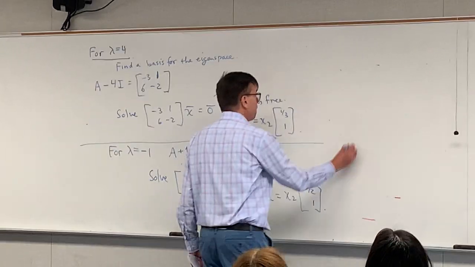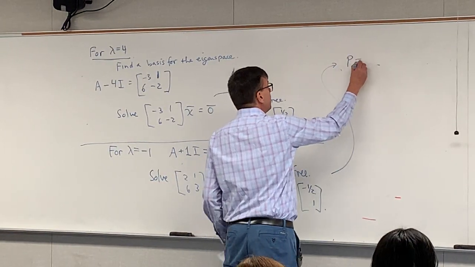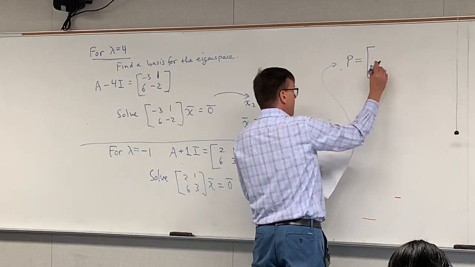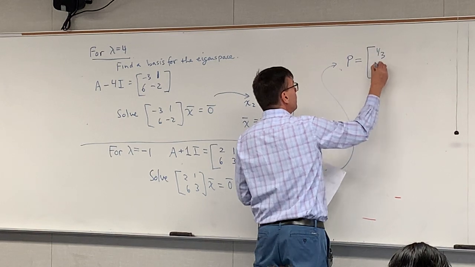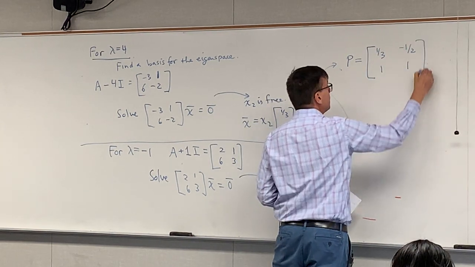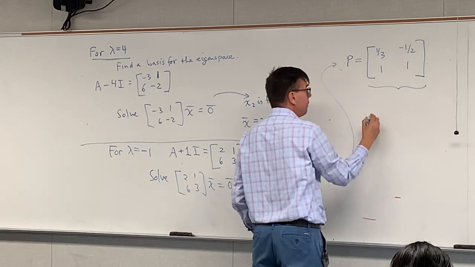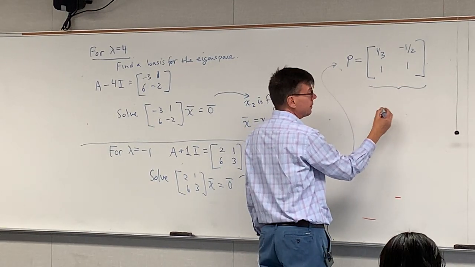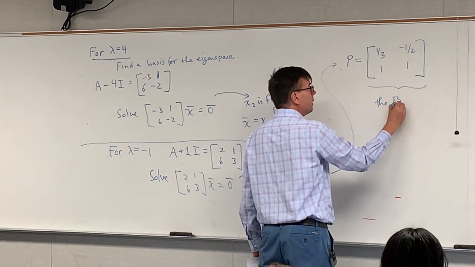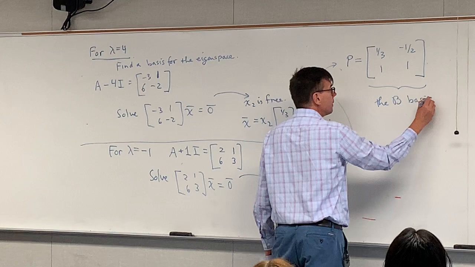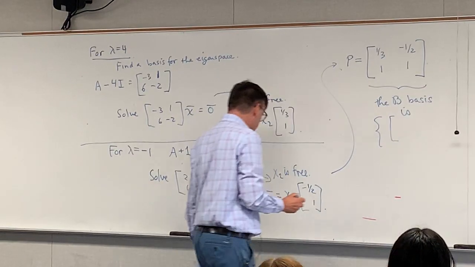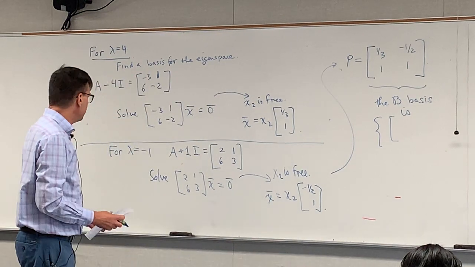So my P matrix here is 1/3, 1, -1/2, 1. And my B basis is going to consist of those two columns. Oh, and I got to be careful here.